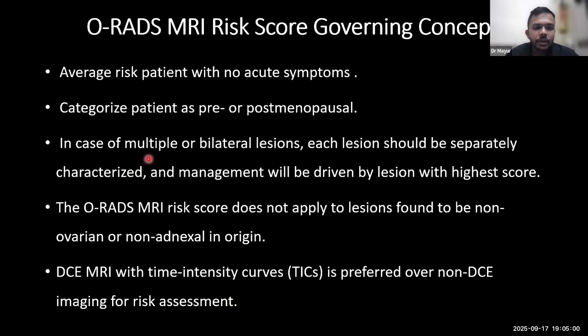In case there are multiple or bilateral lesions, each lesion should be given a separate score, and management will be decided by the lesion with the highest score. It does not apply to lesions which are non-ovarian or non-adnexal in origin, and dynamic contrast imaging is always preferred over non-dynamic contrast scans.